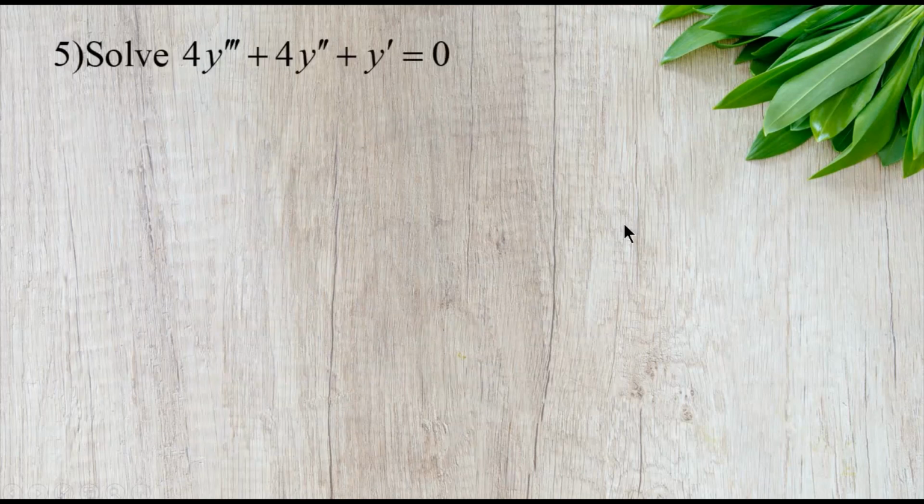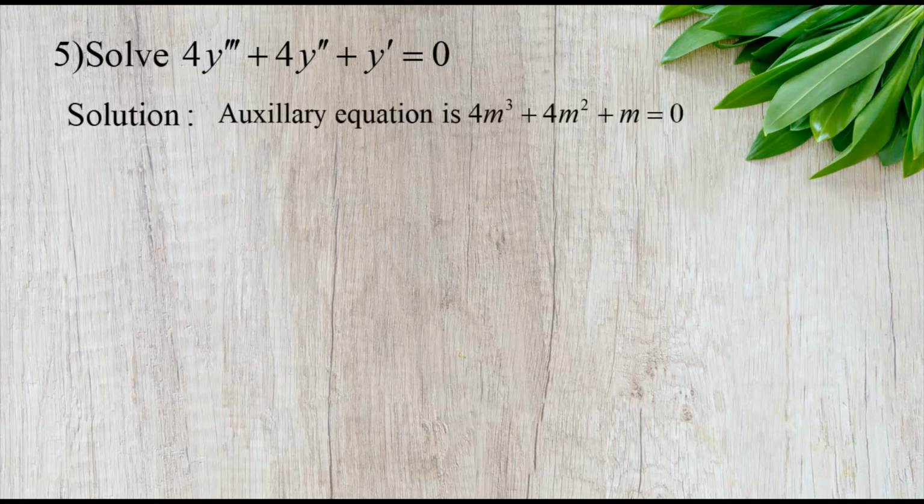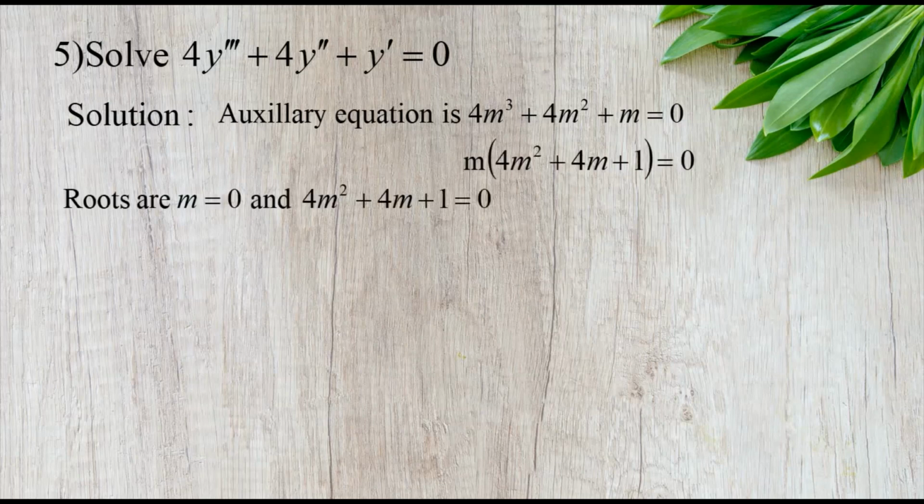Solve 4y triple dash plus 4y double dash plus y dash equal to 0. So we have written the auxiliary equation. We should get 3 roots in this case, but the roots are 0, minus 1 by 2, minus 1 by 2. Since it has 0 as a root, your calculator will not show the repeated root at the end.